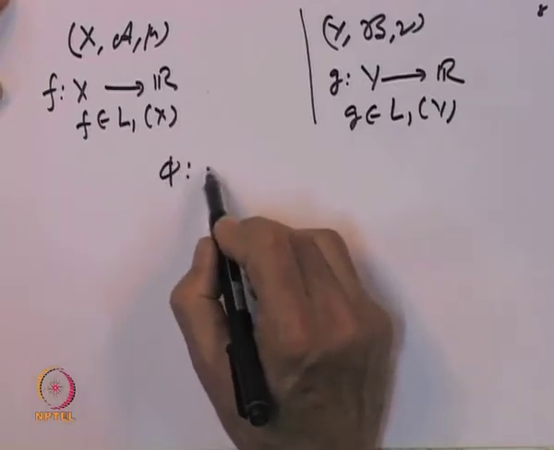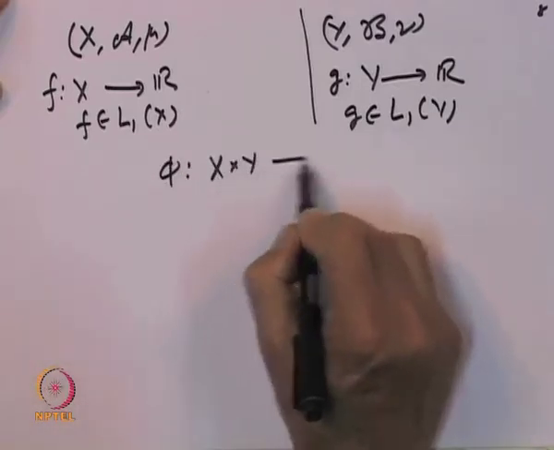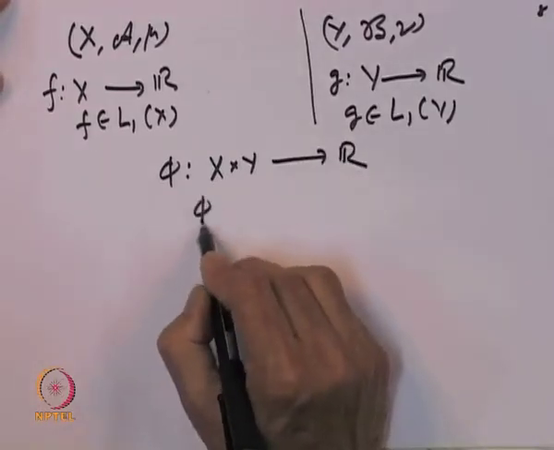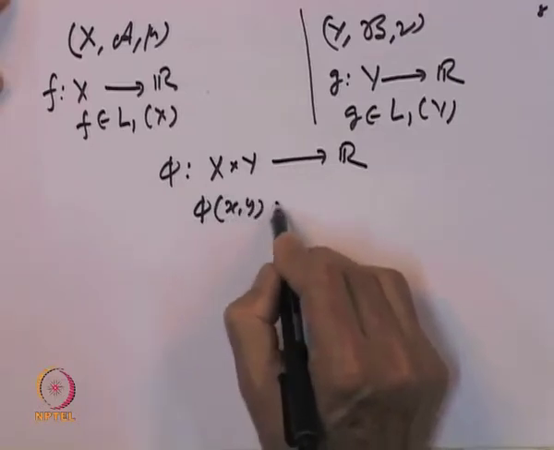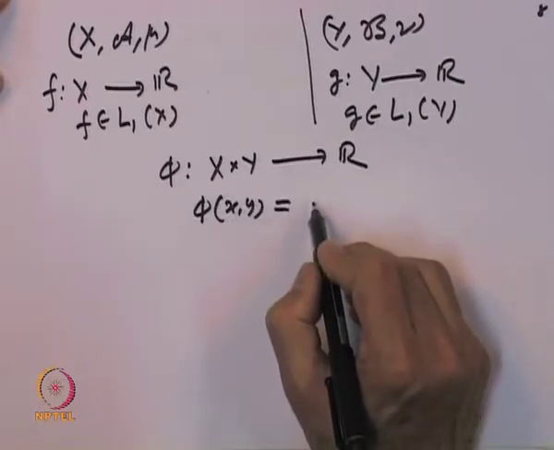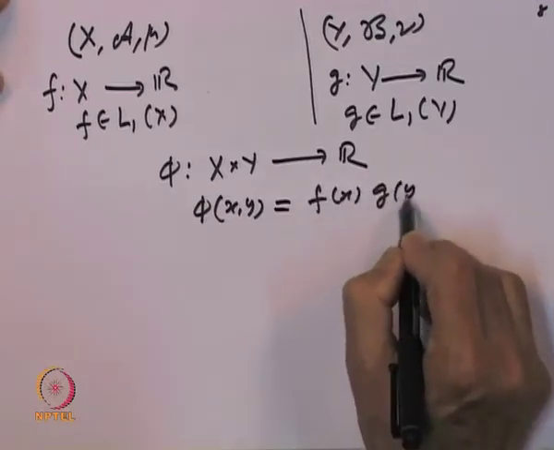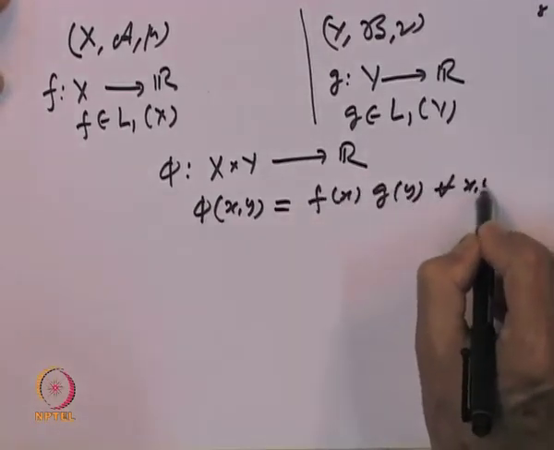We are defining a function phi on X cross Y taking values in R, and the function is defined as phi(x, y) equal to f(x) g(y) for every (x, y).